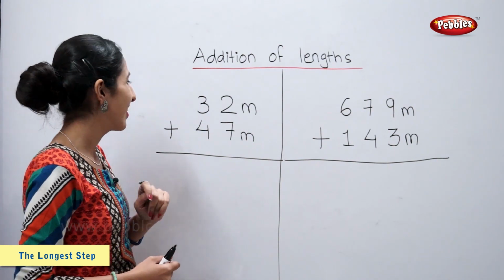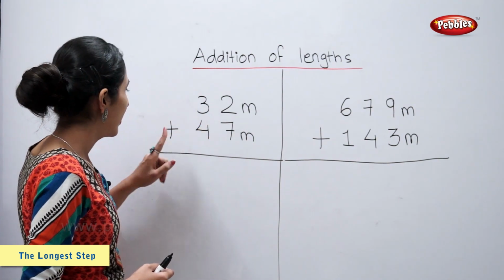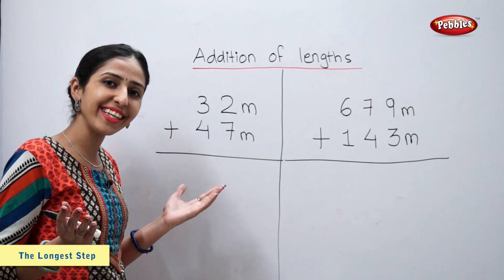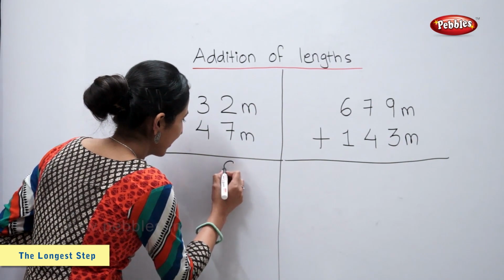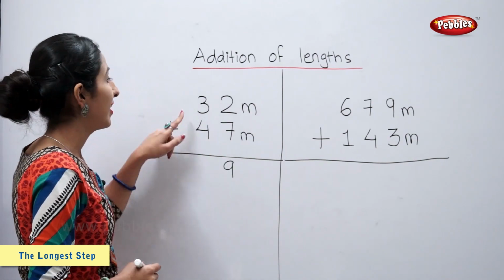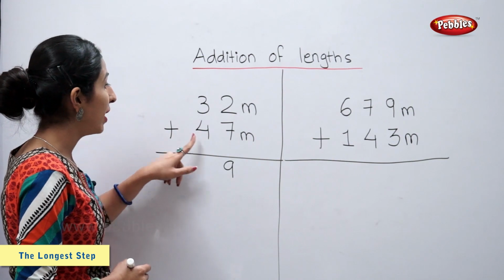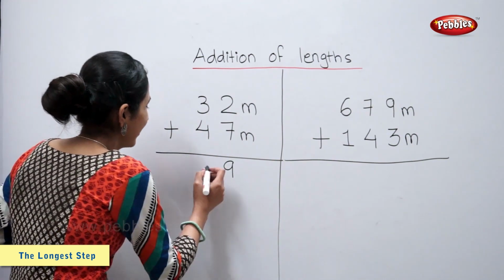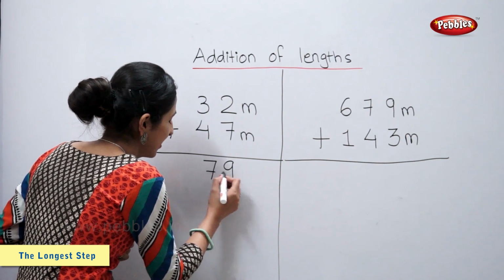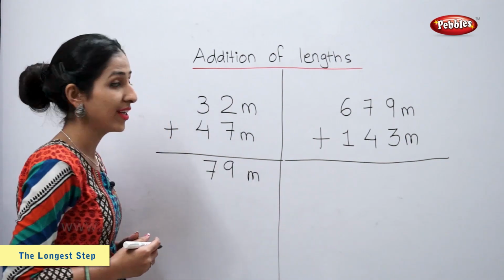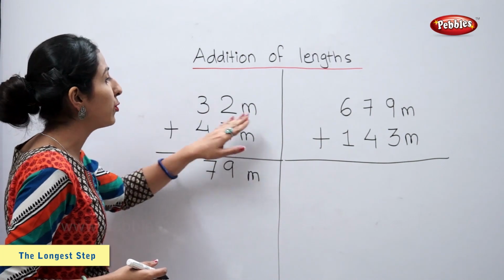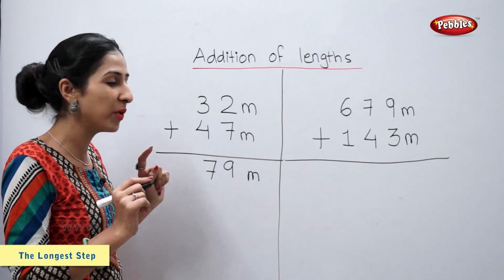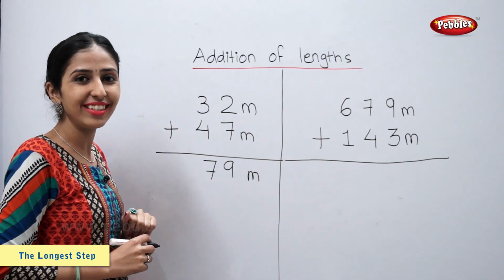Let's find out. 2 plus 7 is equal to 9. 3 plus 4 is equal to 7. So, 32 meters plus 47 meters is equal to 79 meters.